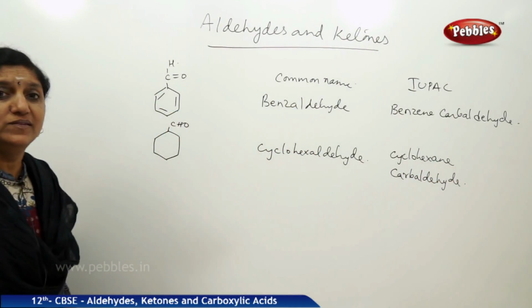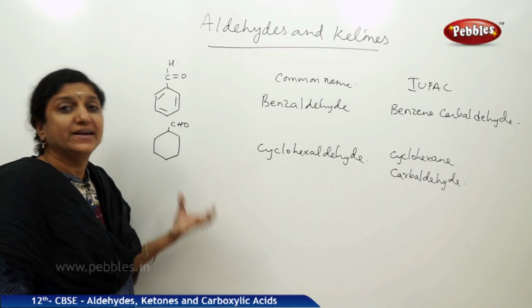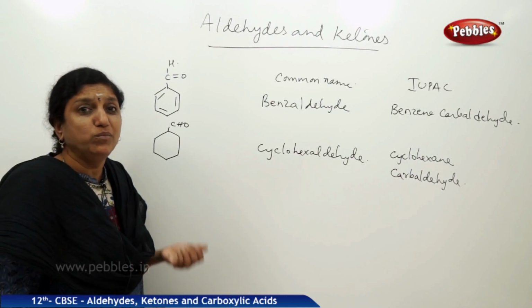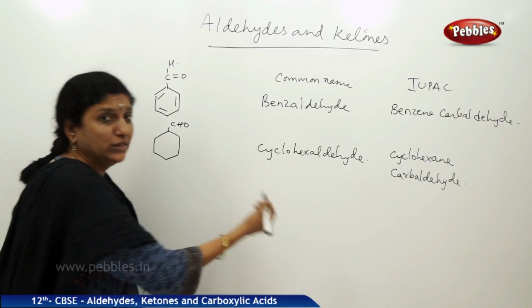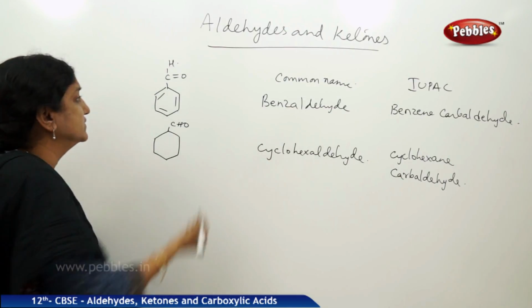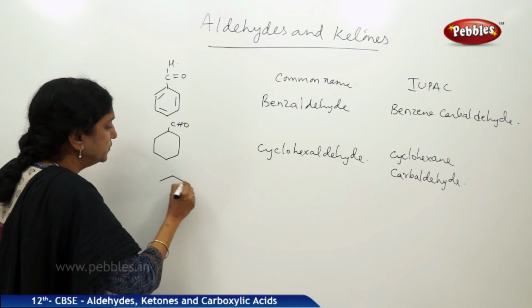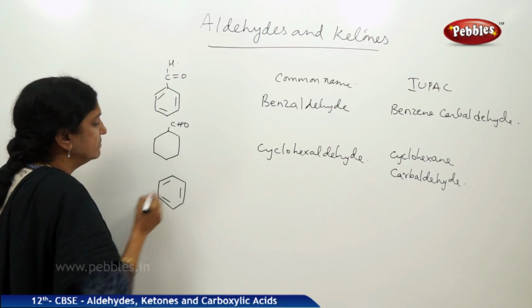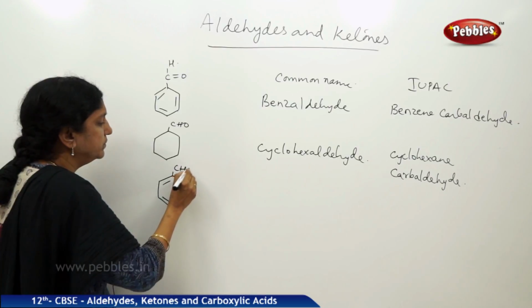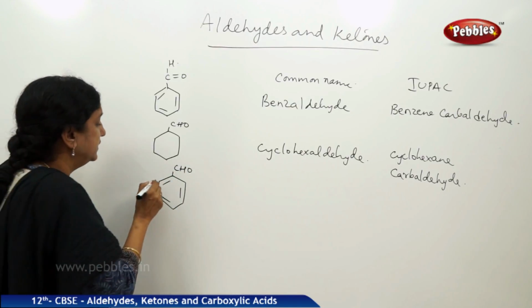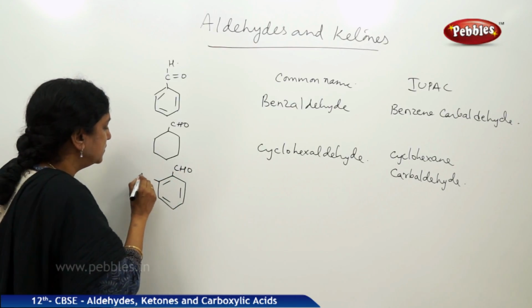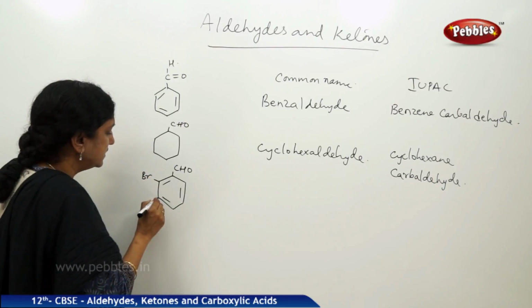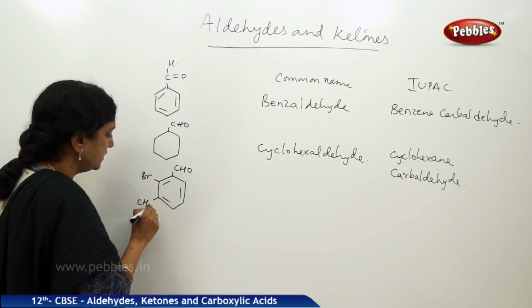Now what happens if there are substituents attached to the ring? How do you name those substituents in the common system and the IUPAC system? Let us see. Suppose you have the benzene ring, you have the aldehyde group, that is CHO, and you have a substituent, say Br here, and you have CH3 here.